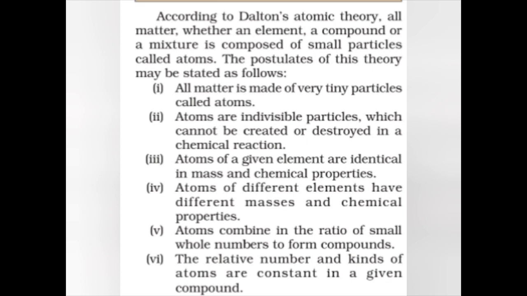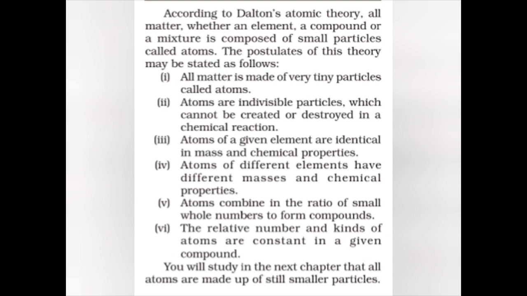Fourth postulate, atoms of different elements have different mass and chemical properties. Fifth and sixth you have learned today. Fifth, atoms combine in the ratio of small whole numbers to form compounds. And the last postulate is the relative number and kind of atoms are constant in a given compound. So these are the six postulates. Learn them properly. Okay.